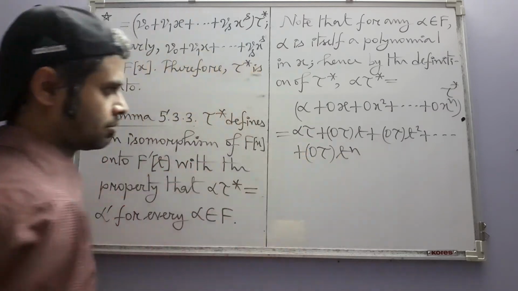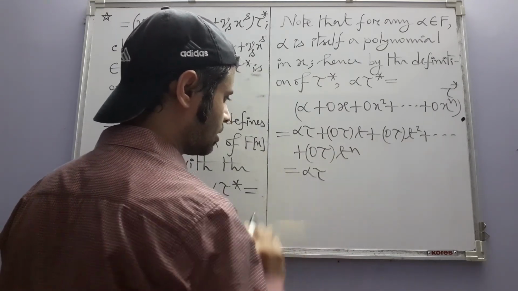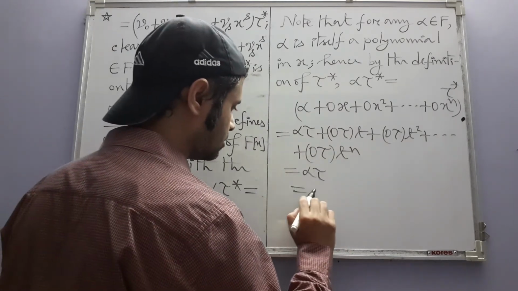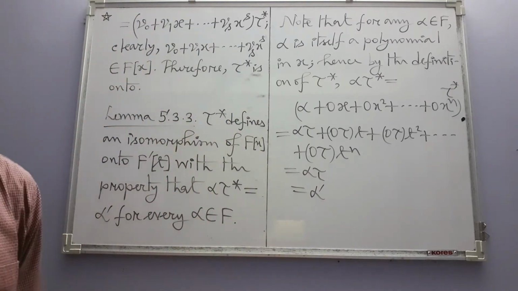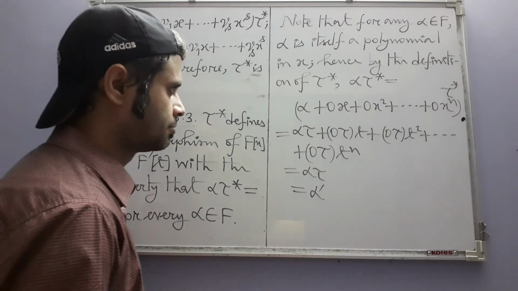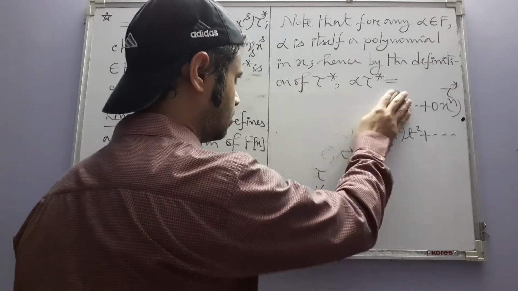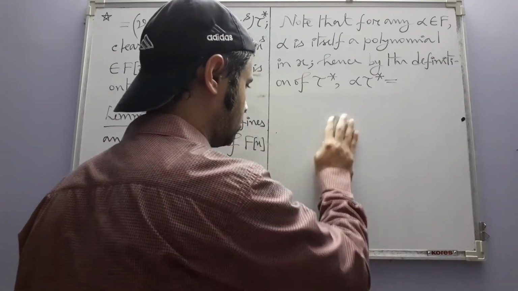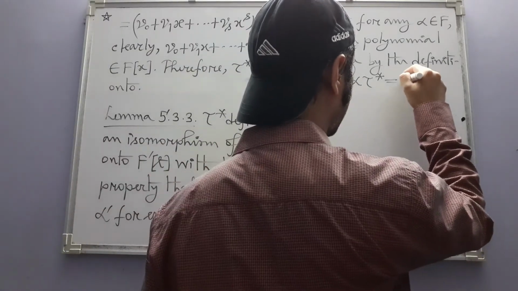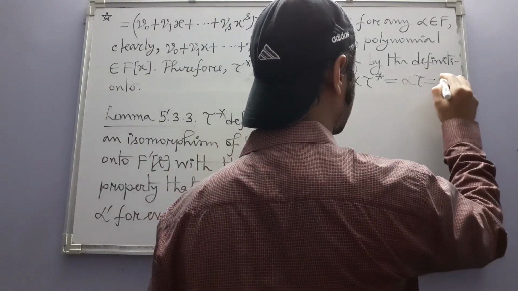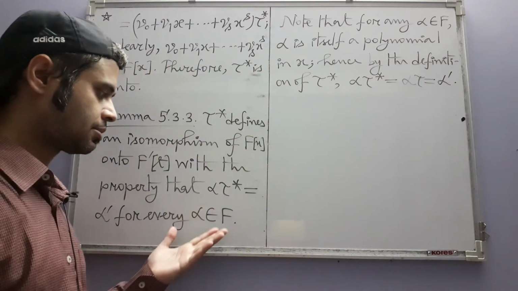Of course, the other terms will not be there, so we will be left with alpha tau, which by our notation is nothing but alpha prime. So we can write: alpha tau star is by definition alpha tau, which is alpha prime, and that is what we have just mentioned here.